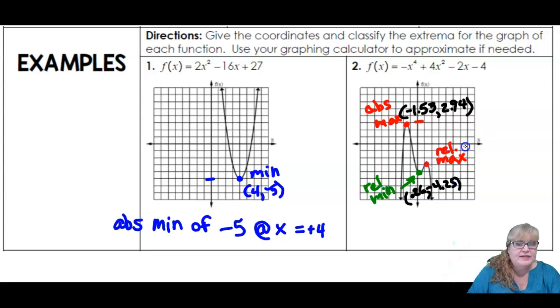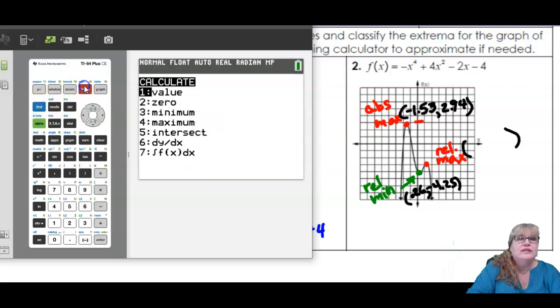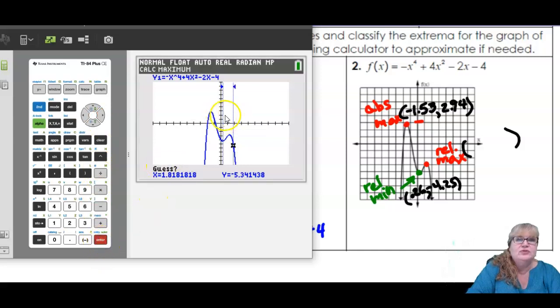Then I'm going to find this maximum and write that out here. The relative max right up here. And so we go second trace, find a maximum, number 4, and you could hit enter and pick this spot, and then you want to go clearly to the right of where you started so that in between those two spots it's finding the maximum.